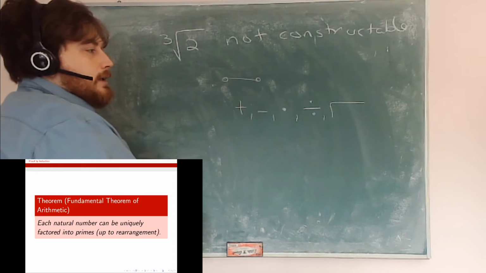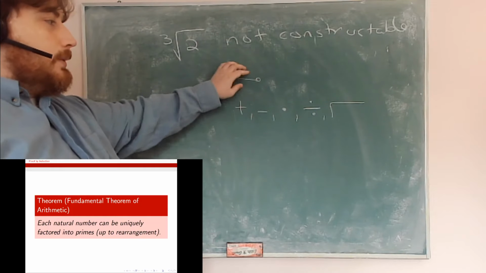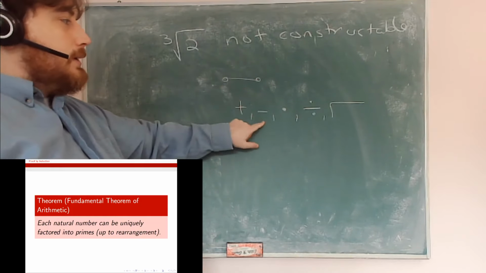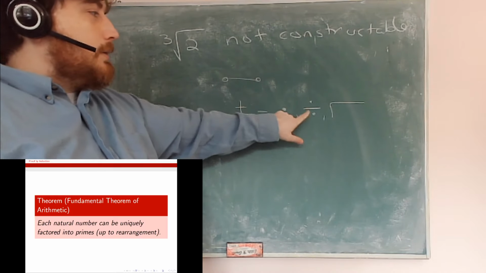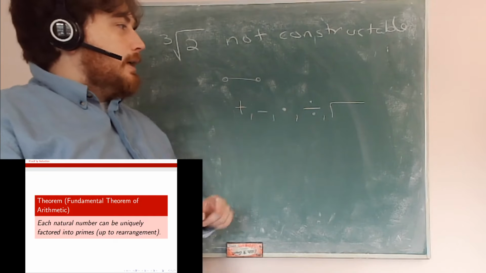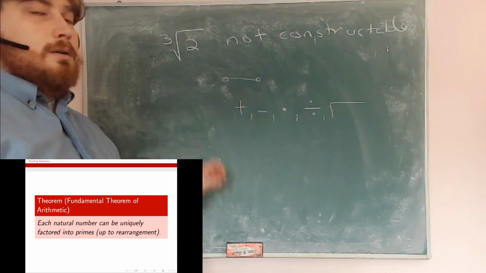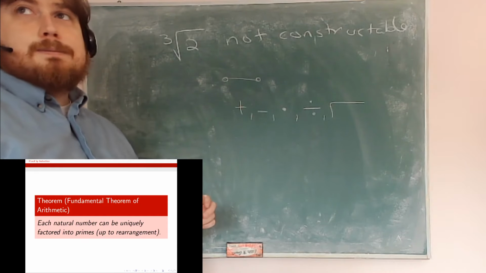So what I get is any constructible number can be starting with 1. I'm going to close it under addition, subtraction, multiplication, division by non-zero numbers, and square roots of non-negative numbers, and that's going to be all of my constructible numbers.